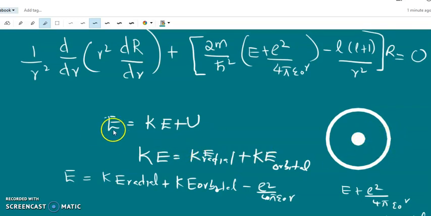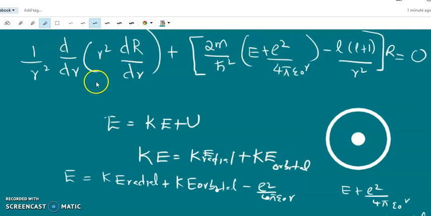But here the kinetic energy is the sum of the radial kinetic energy and the kinetic energy of the orbital motion. Orbital motion is the motion around the nucleus in a circular path. So the total kinetic energy is the sum of the radial kinetic energy and the orbital kinetic energy.